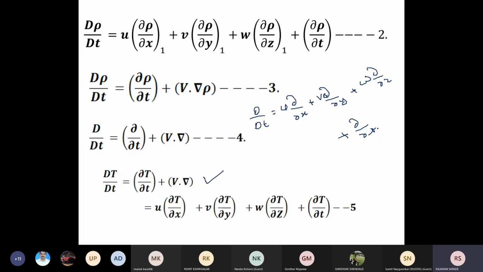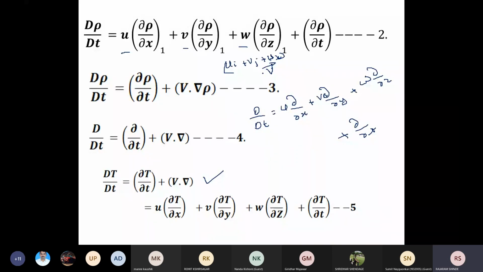Now when we go for the substantial derivative, you see here u, v, w. u is the velocity in x direction, v is the velocity in y direction, and w is the velocity in z direction. In place of u i plus v j plus w k, I can write just V. That is the velocity vector.